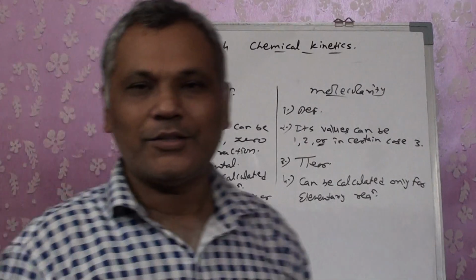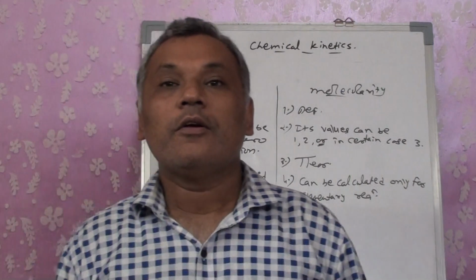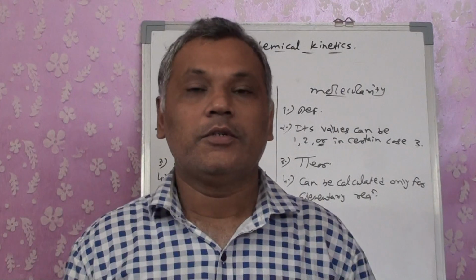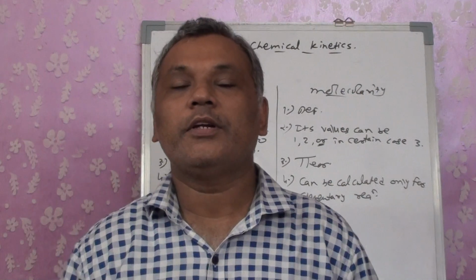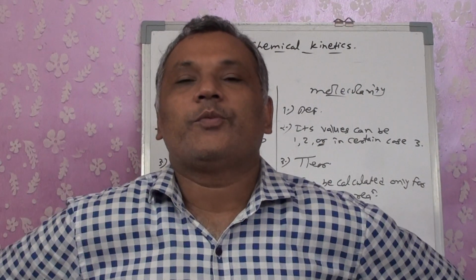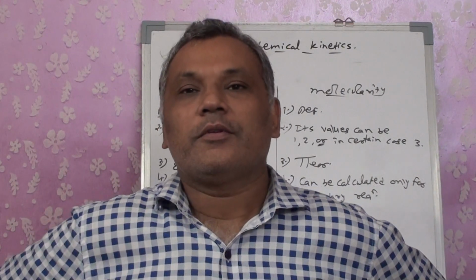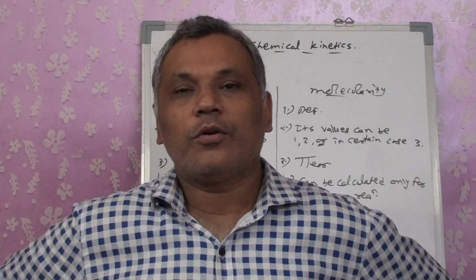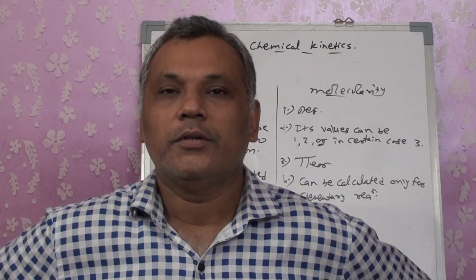Now the question arises, what is meant by elementary reaction? An elementary reaction means that even if you have more than one reacting species, they take part at a time. That means the reaction is completed in a single step. Then it is considered an elementary reaction. If the reaction is completed in more than one step, then it is considered a complex reaction. For the complex reaction, order of reaction can be calculated, but for molecularity you need an elementary reaction only.